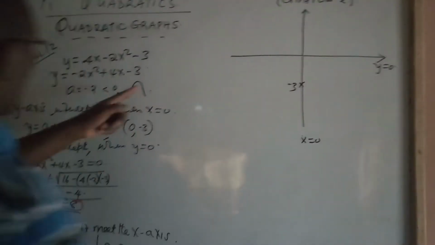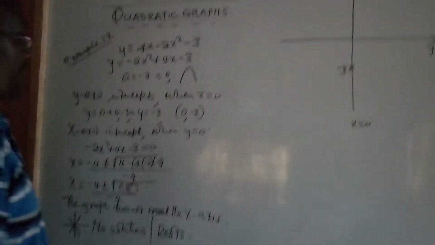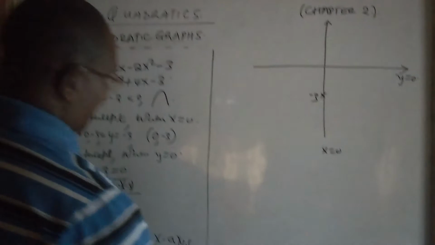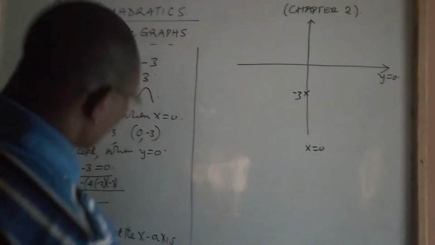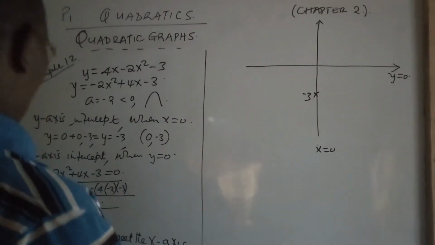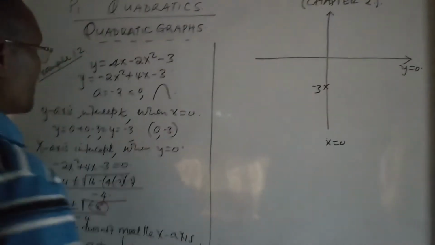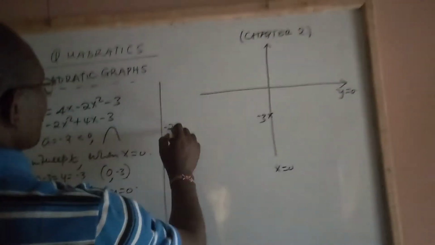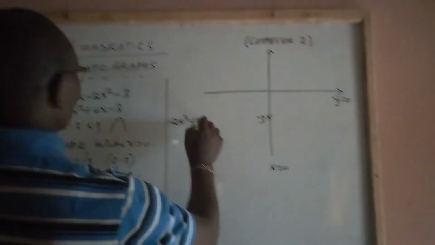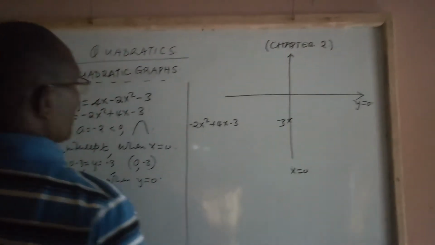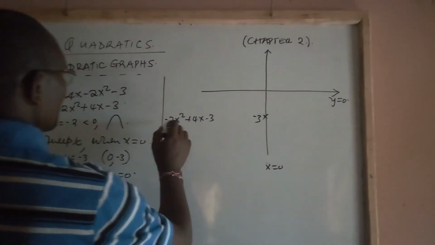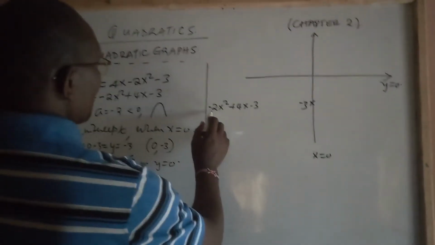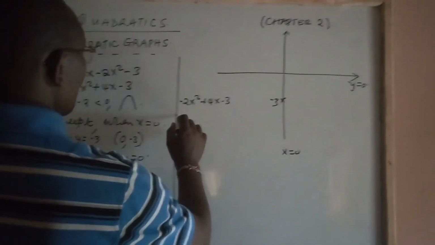But again, we have the shape and at least some particulars of the graph. What are the coordinates of the turning point? Unless we complete the square on minus 2x squared plus 4x minus 3. Completing the square means, first of all, let us make the coefficient of x squared 1.